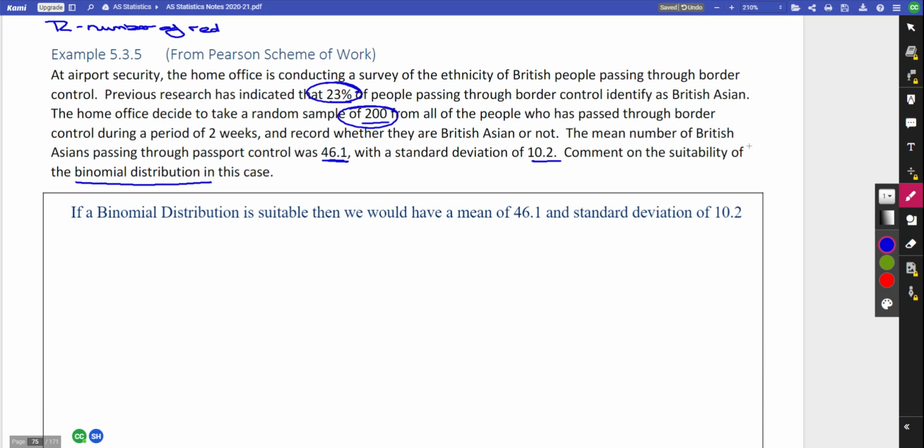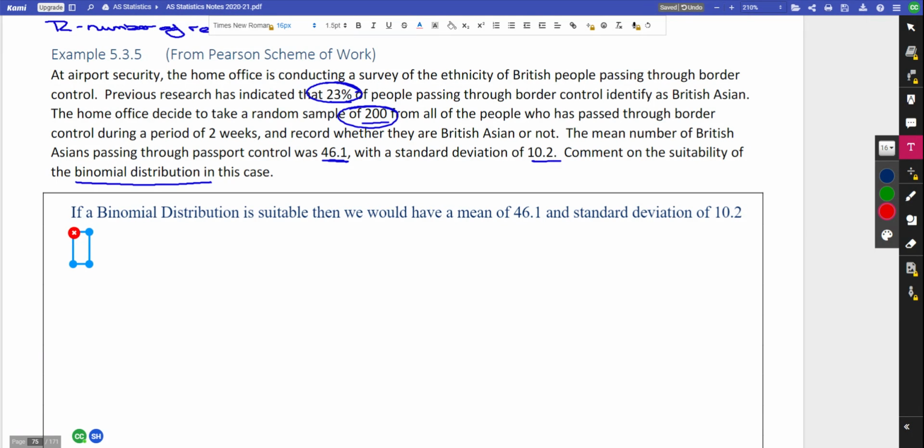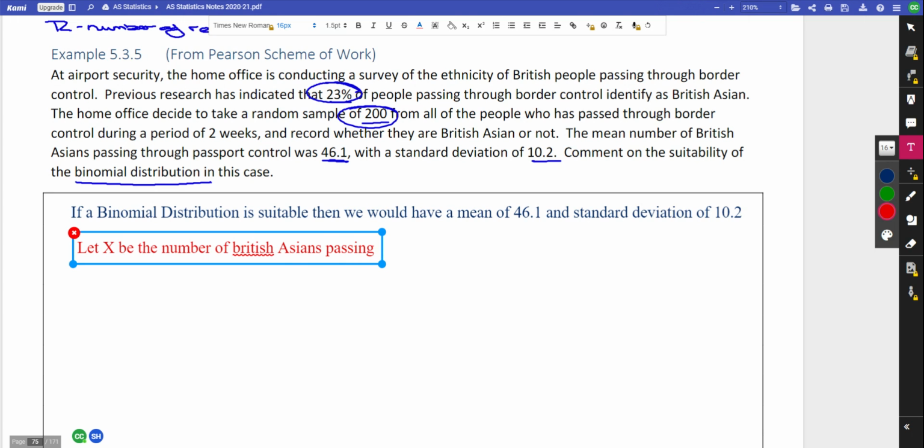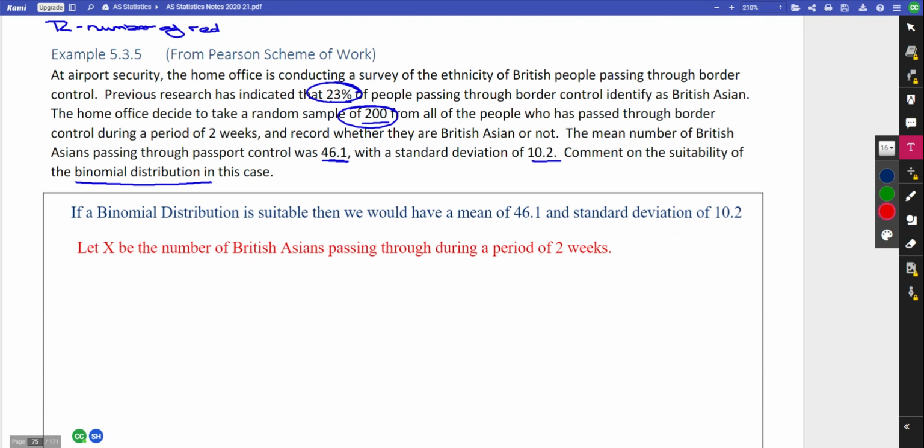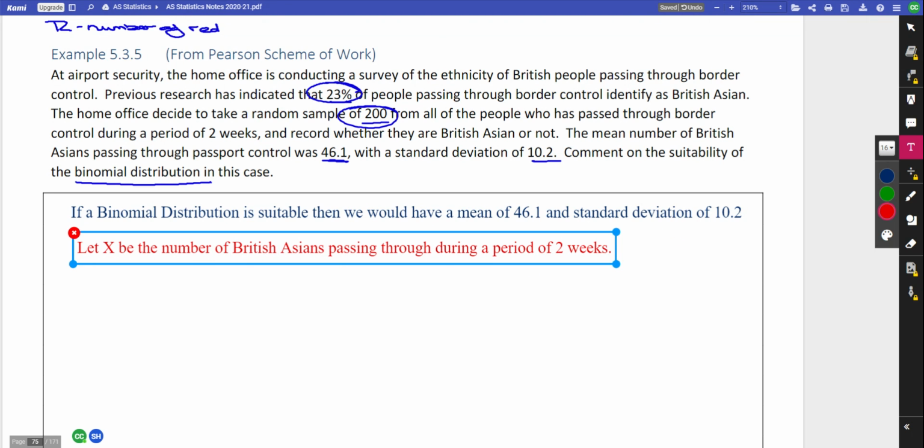So if we start off by defining what x is going to be, we've defined what x is going to be.